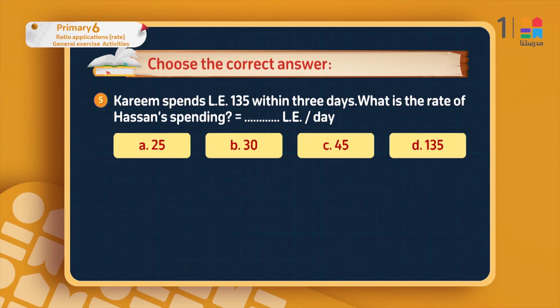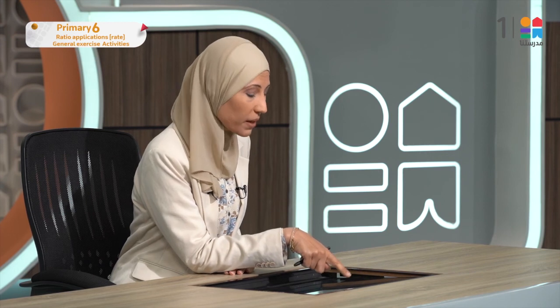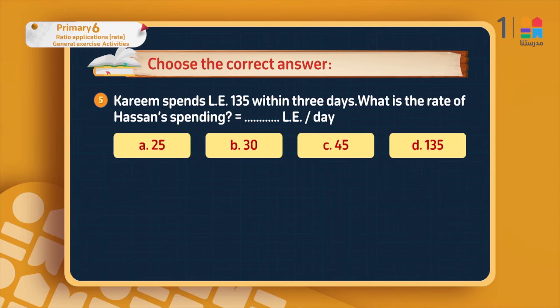So he's asking me here how much money he will spend in every 1 day. I will take 135 in 3 days. So for every 1 day, I will do 135 times 1 divided by 3. So it will give me 45. So my right answer will be C, 45.